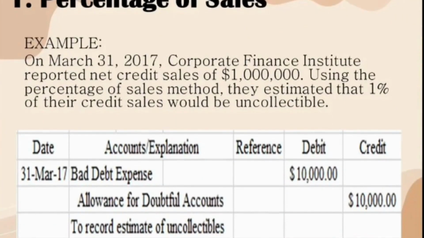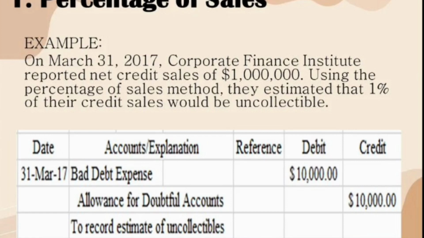Percentage of sales. Example. On March 31, 2017, Corporate Finance Institute reported net credit sales of $1 million using the percentage of sales method. They estimated that 1% of their credit sales would be uncollectible. So how do we get the $10,000 amount?